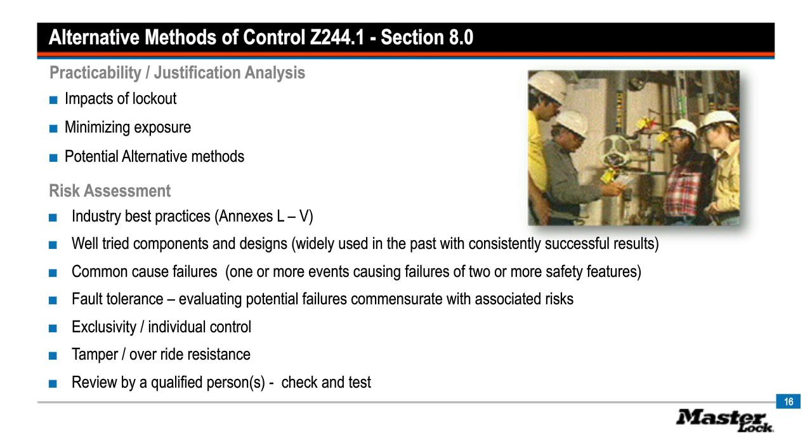It talks about minimizing exposure to the worker by lockout, and when it is proven that power must be present for a lockout for an assigned task to be performed, it allows you to consider potential alternative methods, and they come in all shapes and sizes.